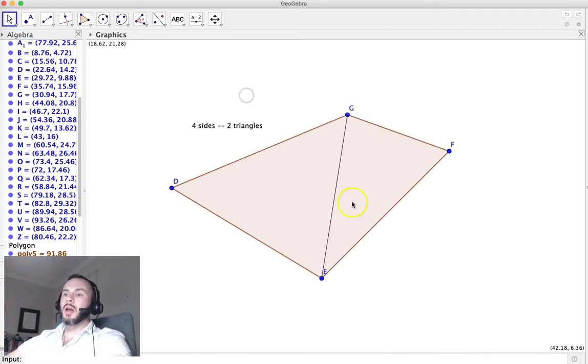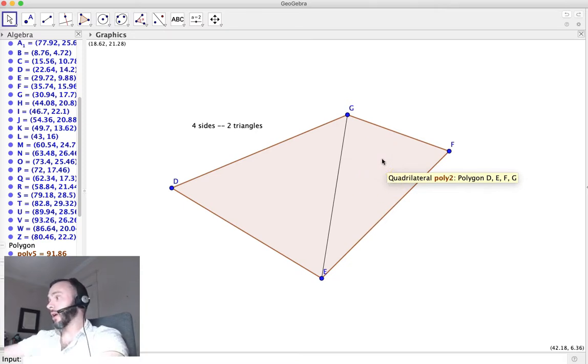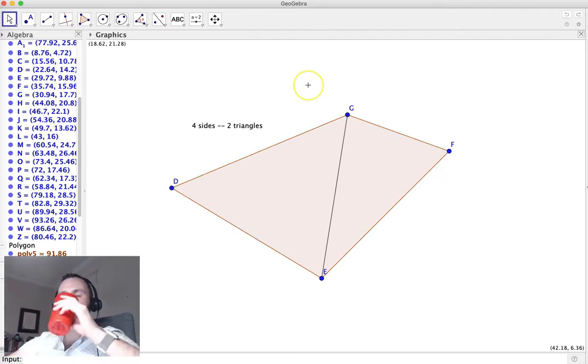So then, by that logic, this triangle here has an interior angle sum of 180 degrees. So then what about this triangle? It's also a triangle, so it's also 180 degrees. So what's the interior angle sum of the quadrilateral? Right, it's 360 degrees.